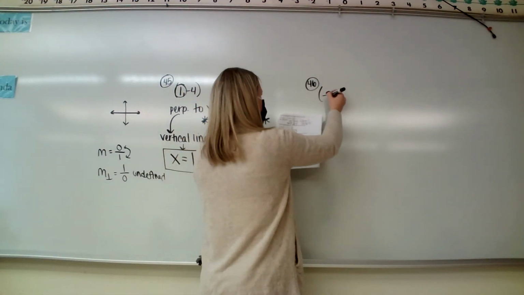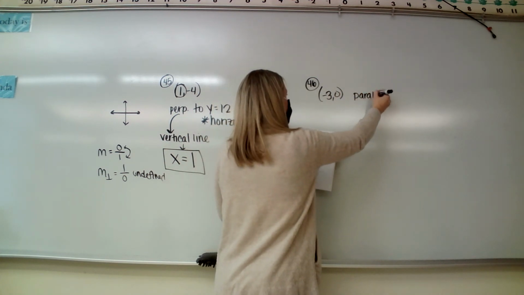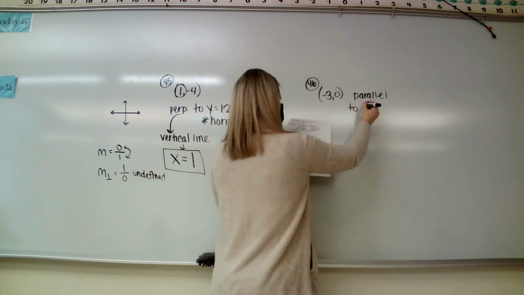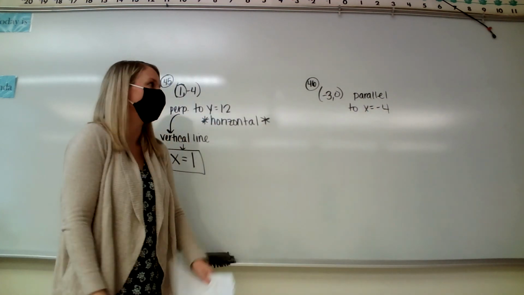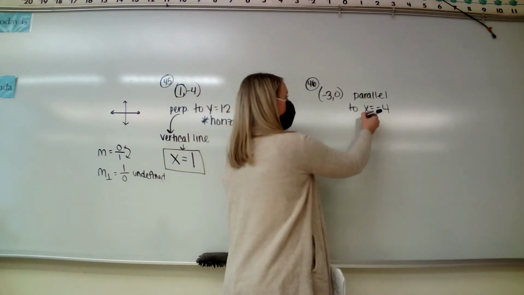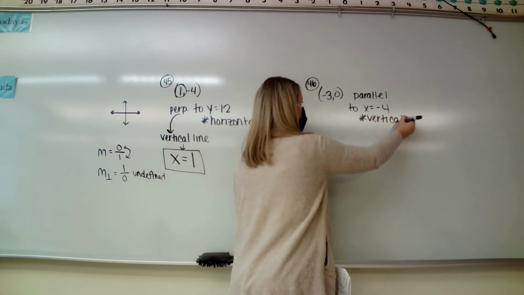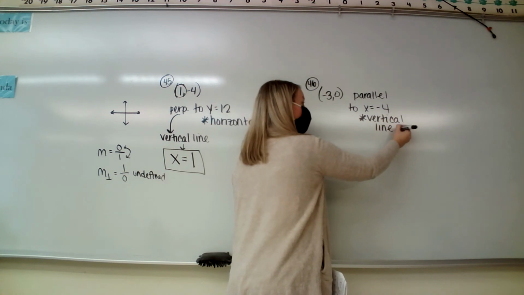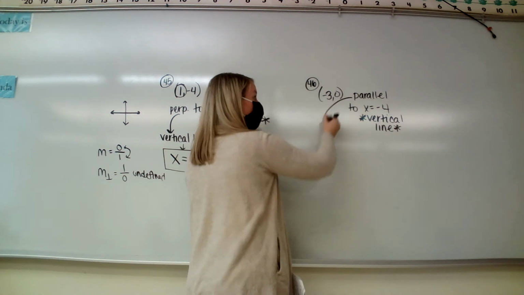So 46, same idea. It's just about labeling. This is what I do in my brain. I go to here and I remind myself, this is a vertical line, and I know that because I know what the equation of a vertical line looks like. It says parallel.